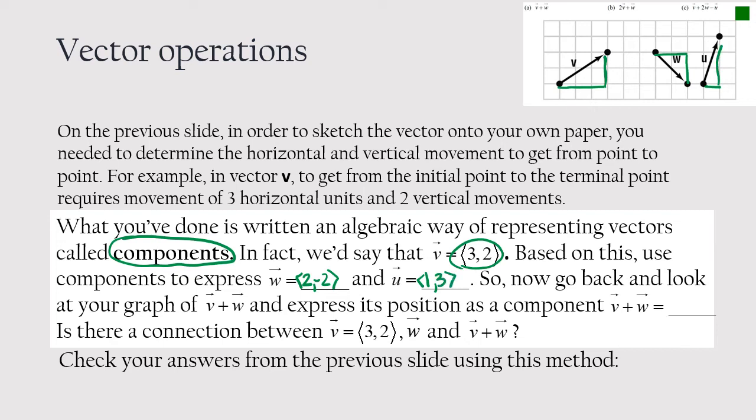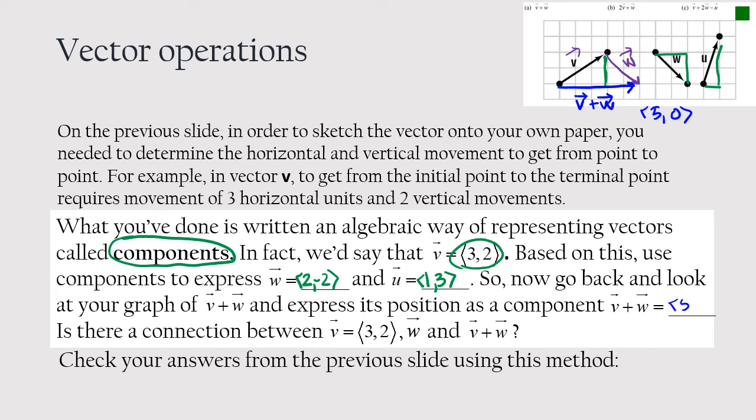Now if we go back and look at what we did when we added v plus w, I'll draw it in here so that we have it as well. When we do that, you can actually see the vector that creates v plus w. Those components would be going over 1, 2, 3, 4, 5, and then up or down 0.